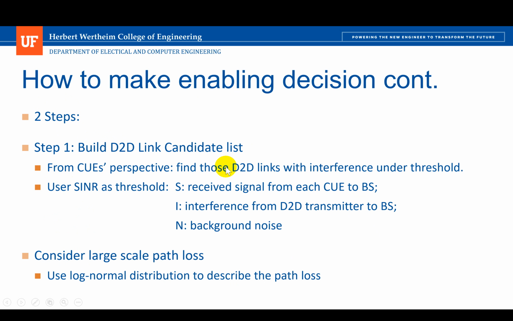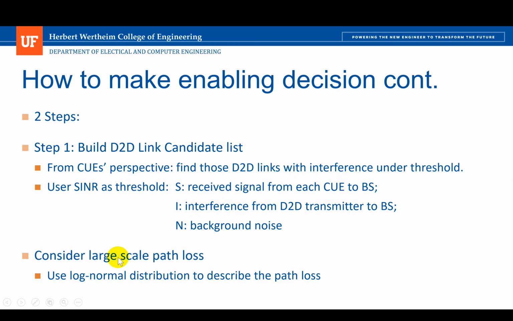They find those D2D links with interference under the threshold. Here they use the SINR as the threshold. The signal is the received signal at the base station from each cellular user, and the interference is from the D2D transmitter to the base station. And the noise here is the background noise.